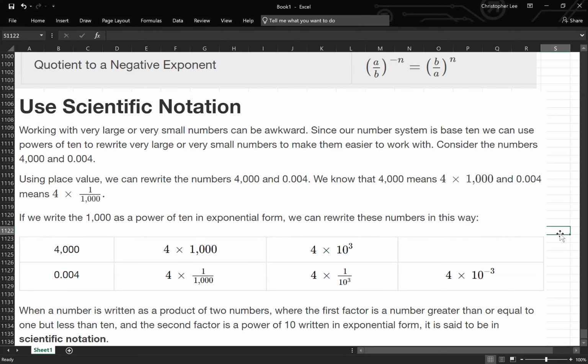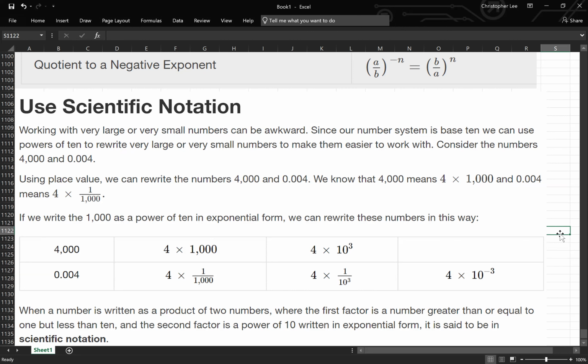If we write the 1,000 as a power of 10 in exponential form, we can rewrite these numbers. 4,000 is 4 times 10 to the third power. 0.004 is 4 times 1 over 10 to the third power, or 4 times 10 to the negative 3 power.